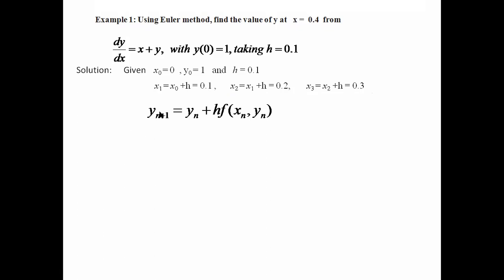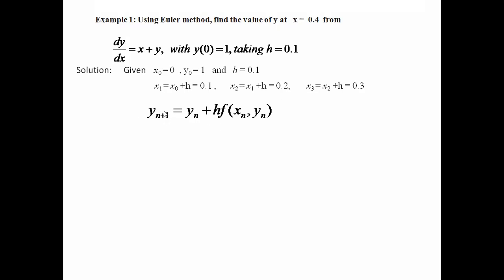So the general formula is written: the solution at the n plus 1th point, that means at x is equal to xn plus 1, is given by the solution at the previous step plus h times the slope of the curve at the point x is equal to xn, y is equal to yn. Slope means f of xn comma yn. So first we shall get the solution at x1, denoted by y1.